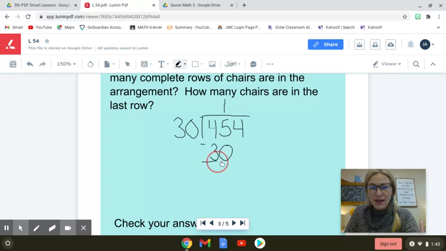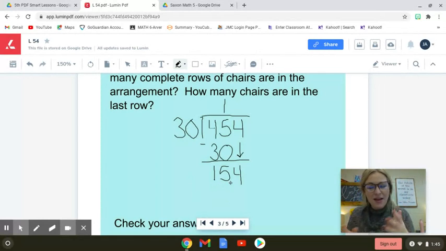Now we're back to thinking about this as 30. We still need to subtract as part of our division algorithm. 45 minus 30 leaves us with 15 right here. I still have a space left on top in my quotient, so I'm going to bring down my 4. Now our question is, how many 30s fit in 154? But temporarily we can think of how many 3s fit in 15?